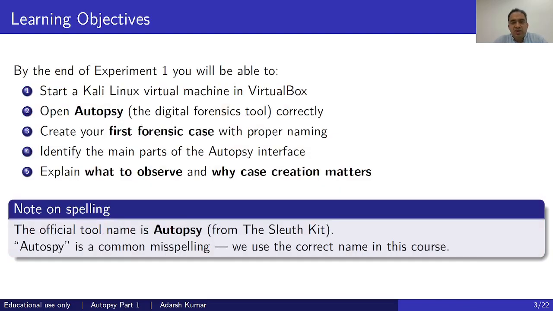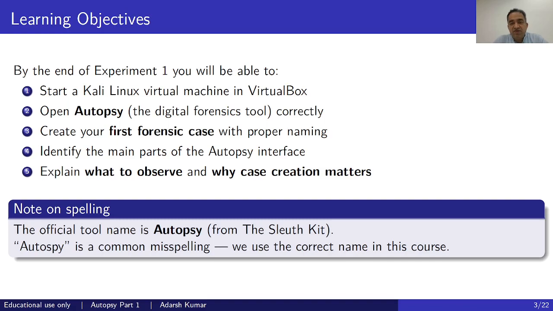Let us quickly look at what you will achieve by the end of experiment 1. First, you will start a Kali Linux virtual machine inside VirtualBox. Second, you will open Autopsy correctly, either from the menu or from the terminal. Third, you will create your own first forensic case using a proper naming style, just like a real investigator would.